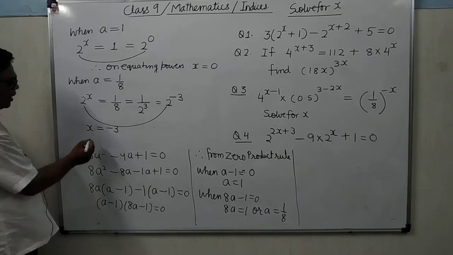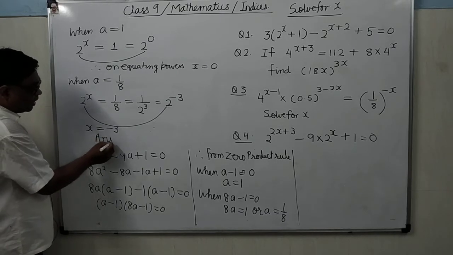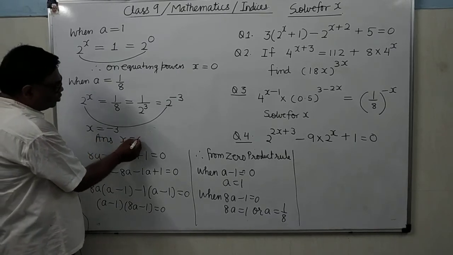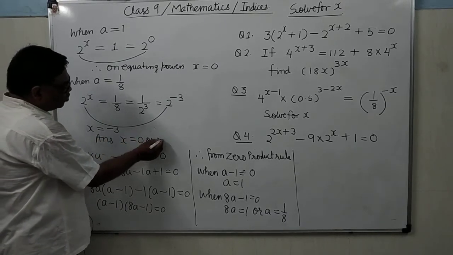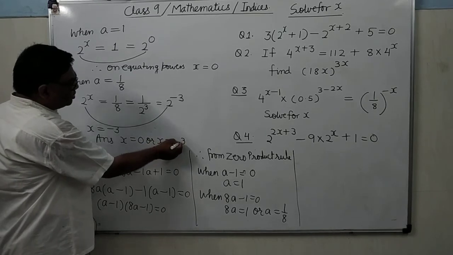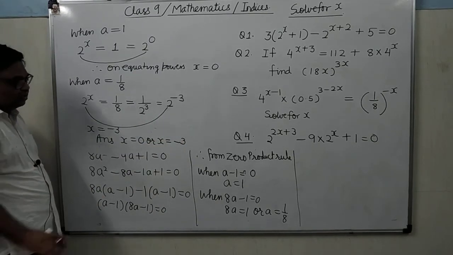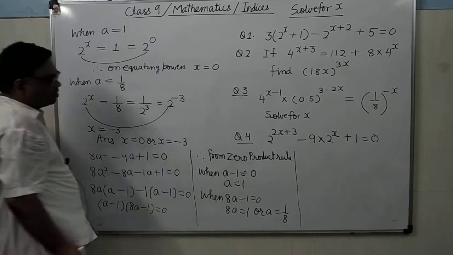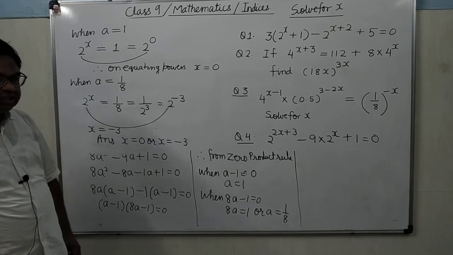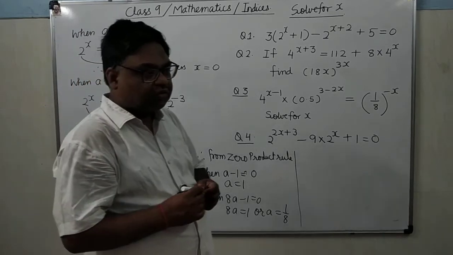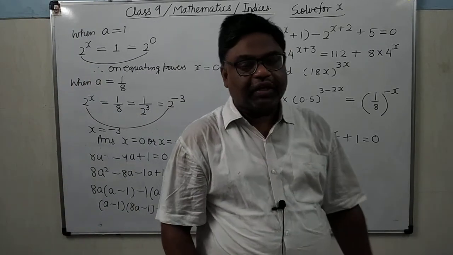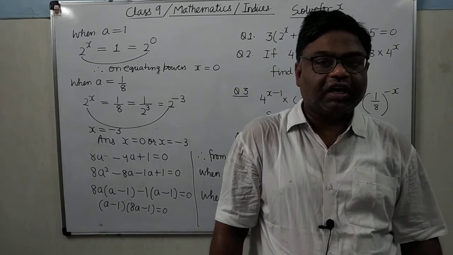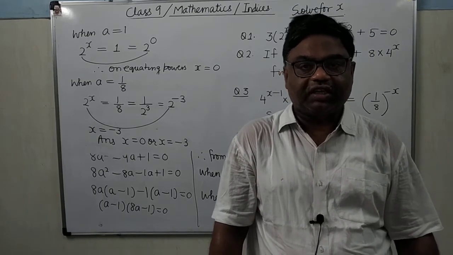So what is the answer? You will write finally the answer: x equals 0 or x equals minus 3. It's clear? This is the answer. So this way you can solve the algebraic equations containing exponential terms.